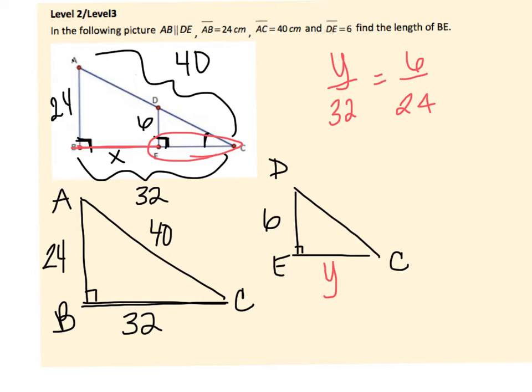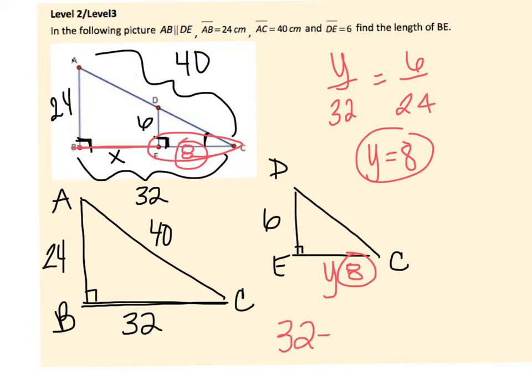So I got 6 times 32 divided by 24. Gives me 8. So if Y equals 8, again, put it in my little picture, put it in my big picture, and then I'm just going to subtract 32 minus 8 to give me 24 as BE.